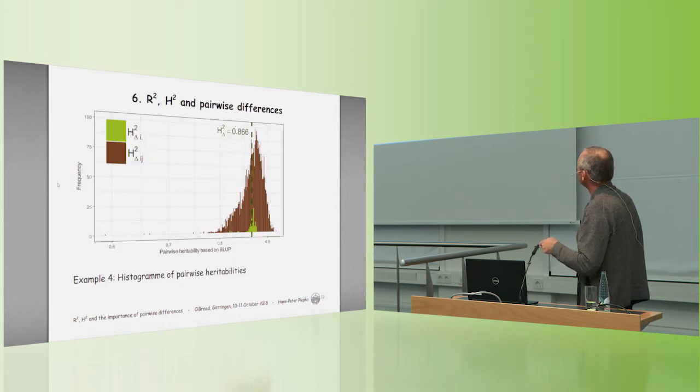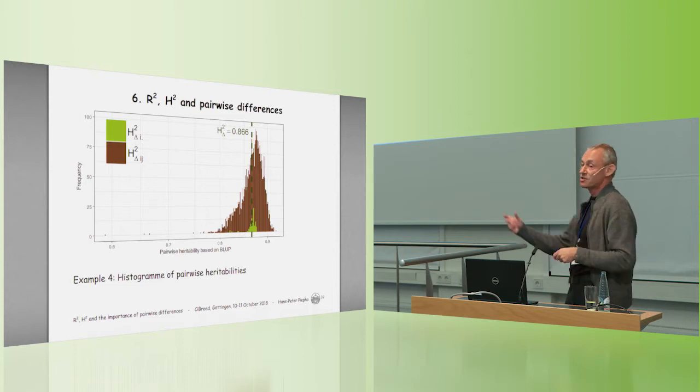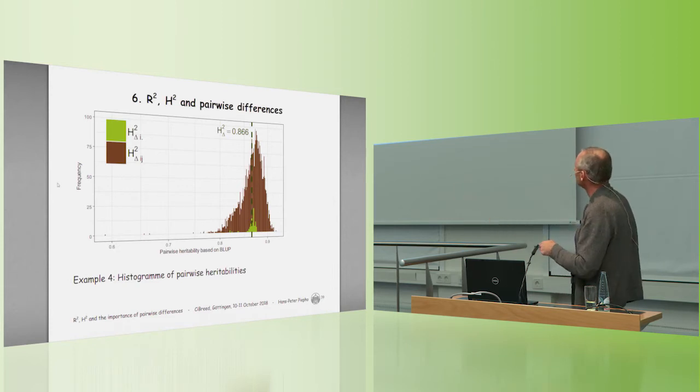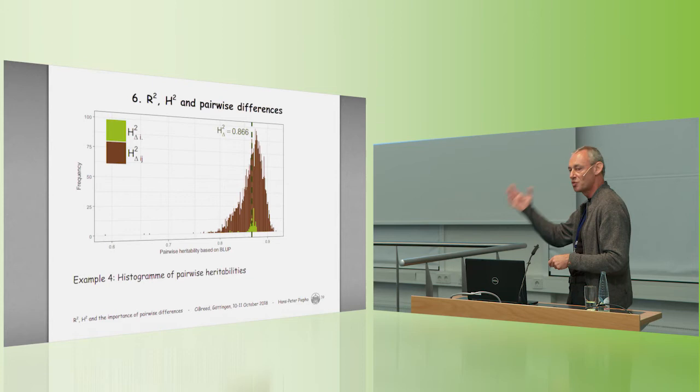Well, this is just to show that, this is for one of the examples, example number 4, you get a heritability for each pair, so you can plot those, and it's kind of interesting to see, well, the pairwise heritability is covering quite a range here. And it's good to just realize, well, there's not just one heritability value.